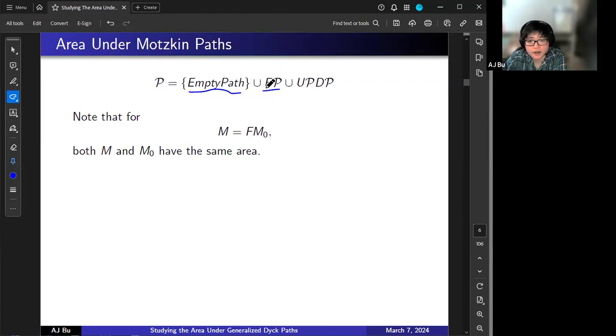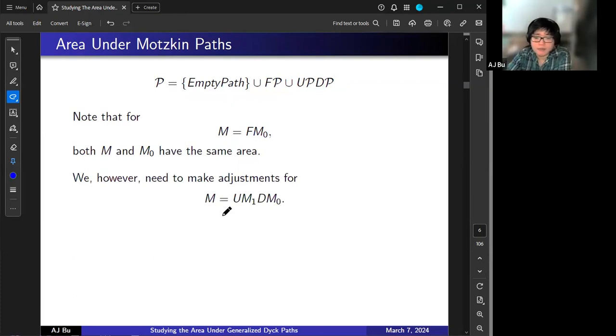And then for a Motzkin path of the form FP, right, we can write it as M equals F M sub 0. And since we're starting and ending at height 0, and this F doesn't have any area underneath it, the area under M and M sub 0 are going to be the same.